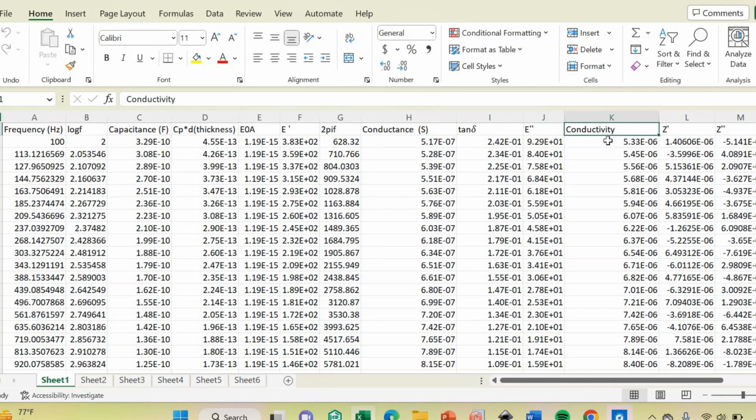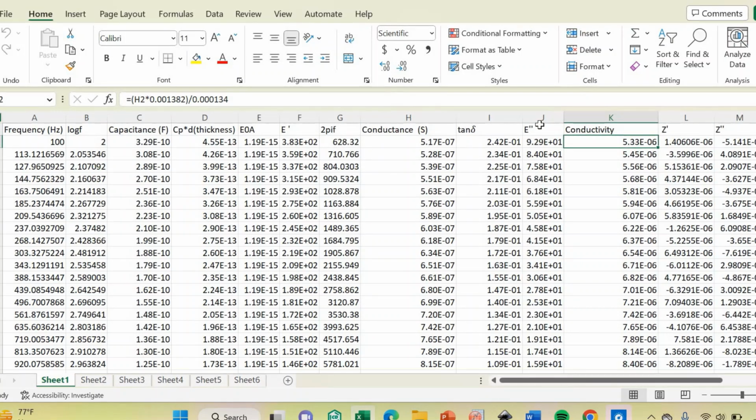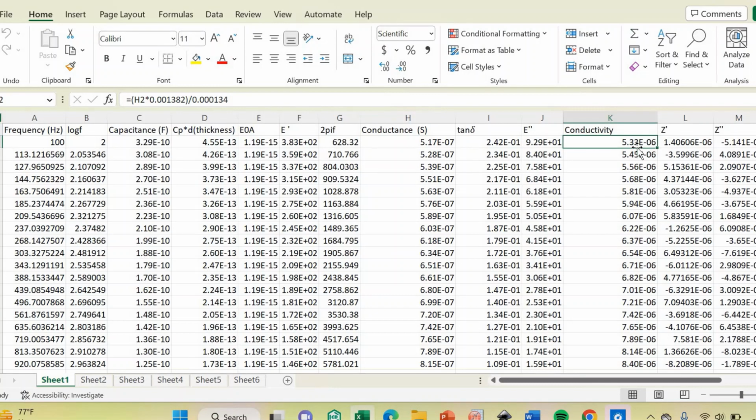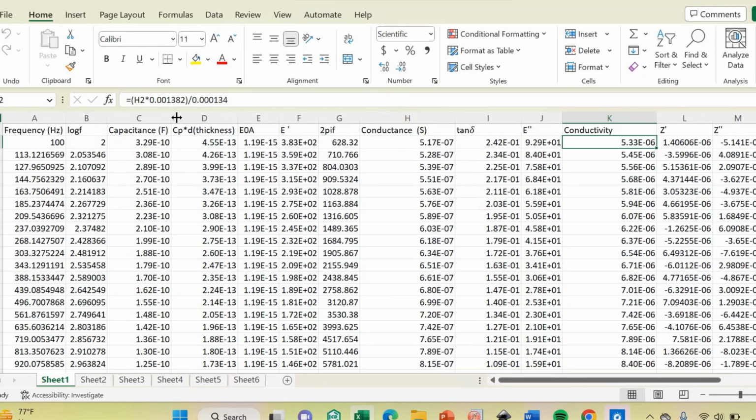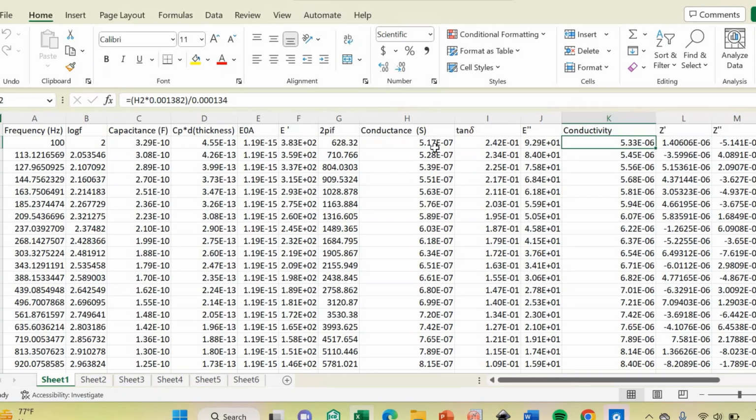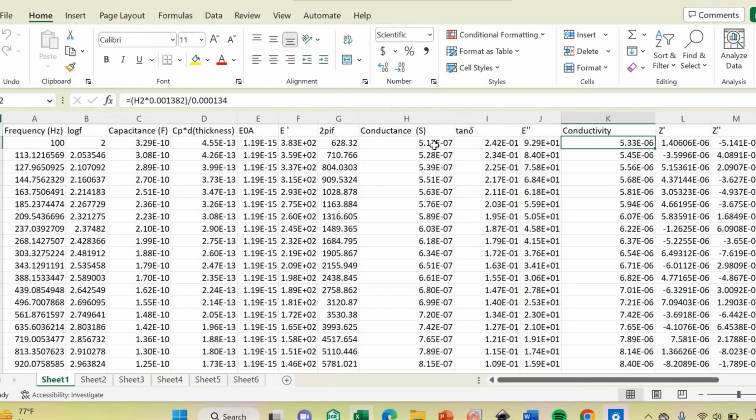The conductivity is another parameter, a very interesting calculation. For conductivity measurements, you need H2, where H2 means conductance. There is a difference between conductance and conductivity; they are not the same parameter.